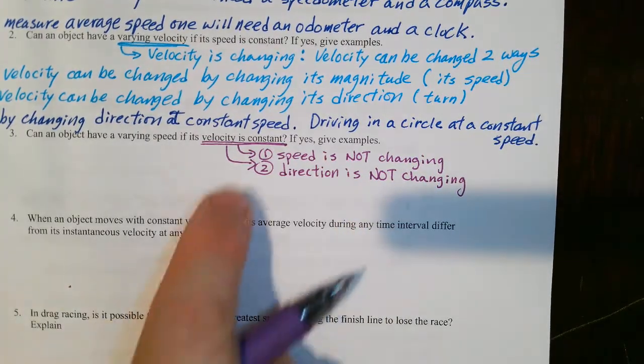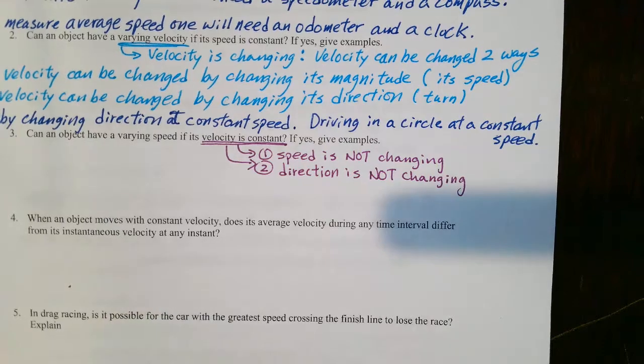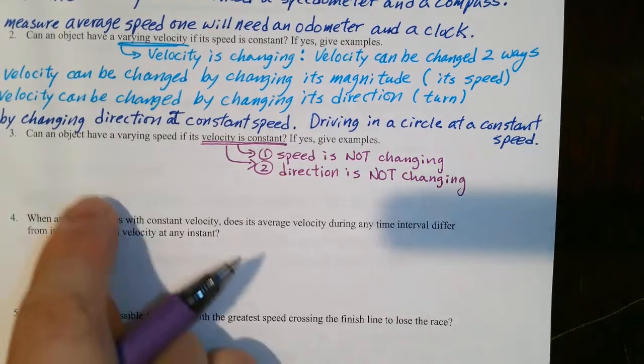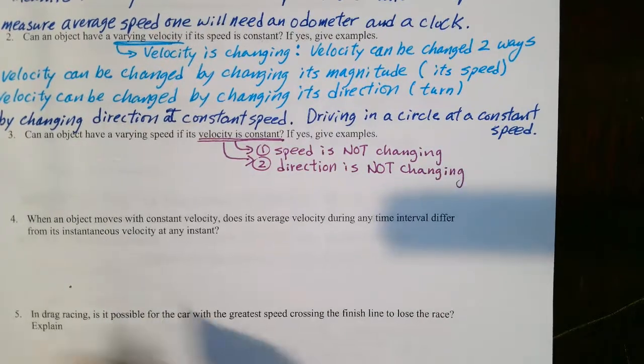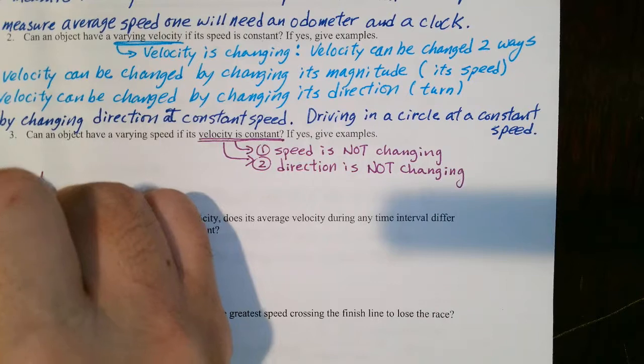If these two conditions have to hold, how could you vary your speed and have constant velocity? It's almost impossible. So, no.